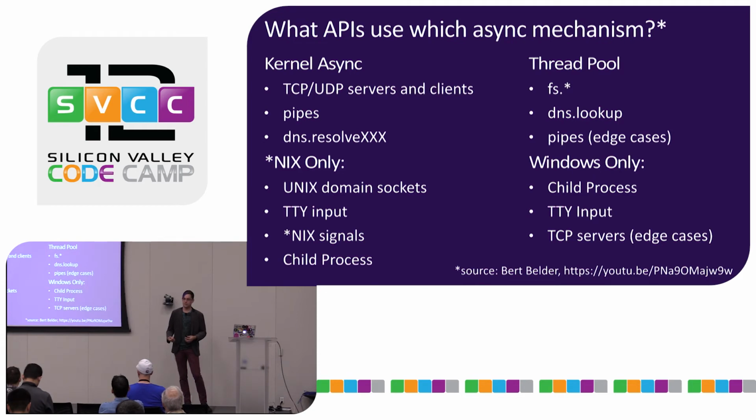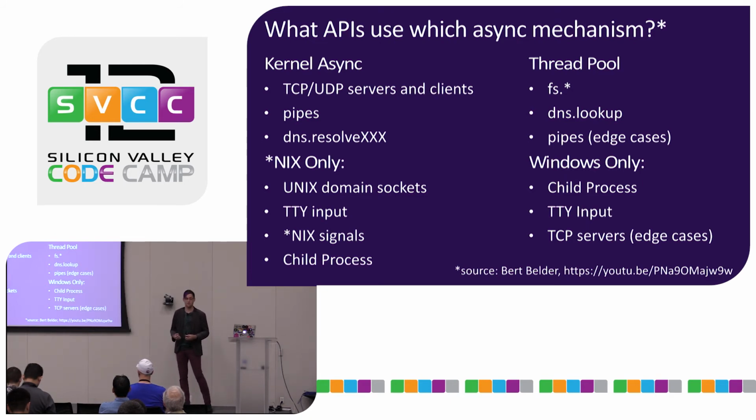This is a TTY thing. Also, if you happen to have a serial port, say you're working with hardware, IoT kind of things, that is also done using kernel async. And then finally, the child process module. So child process is how we can shell out and call other executables. And so all of those are also done using kernel async primitives on Unix.